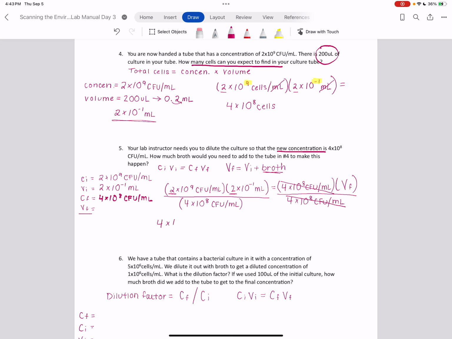Like always, I'm going to bring down that 10. Same thing as before, we have to do 9 plus a negative 1, another way of thinking about that is subtracting 1 from 9, which gives us an 8. And the units up here are CFU per ml times ml.